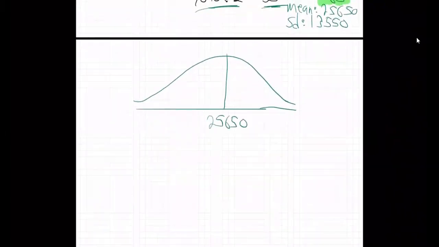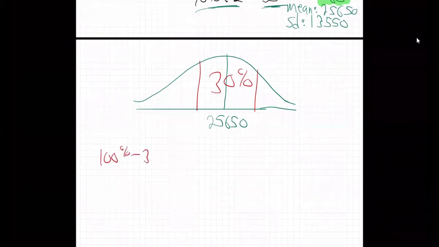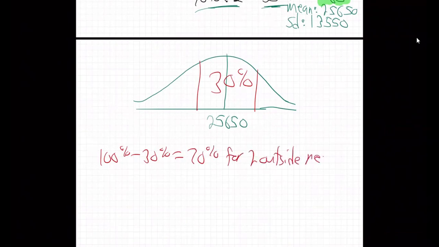And then they tell you middle 30%. So you have to draw this and say there's 30% in the middle. So then we've got to find the two outside. So we take 100% minus 30, and we get 70% for the two outside regions, right?